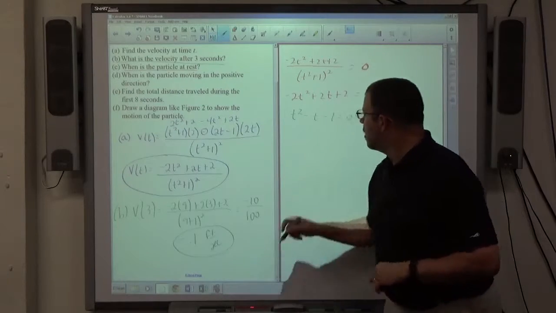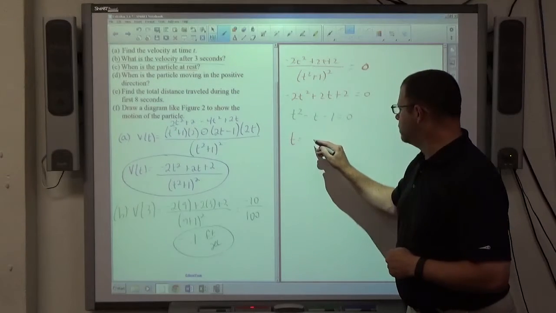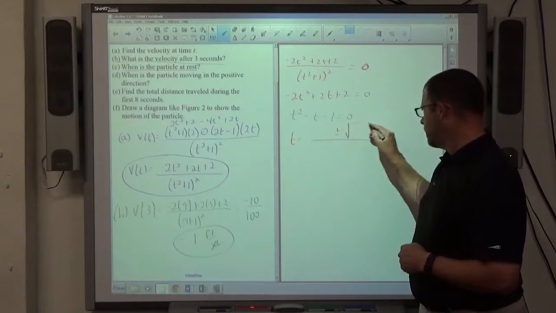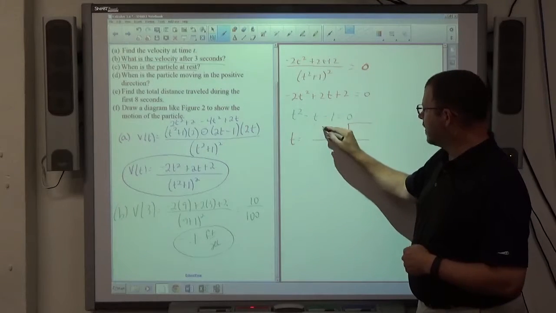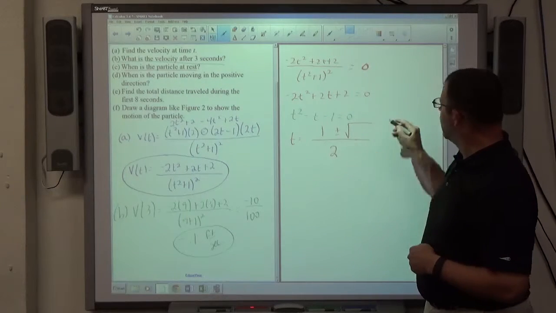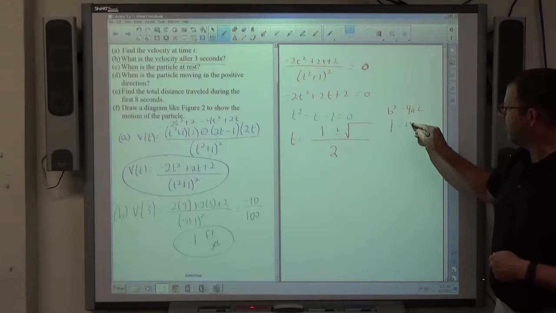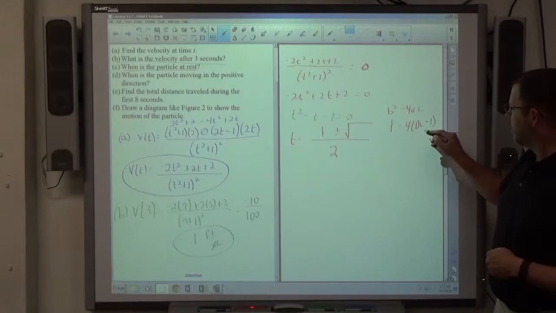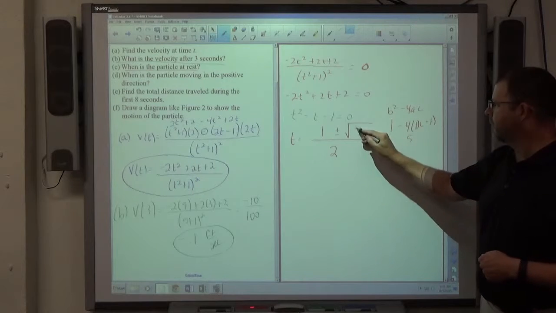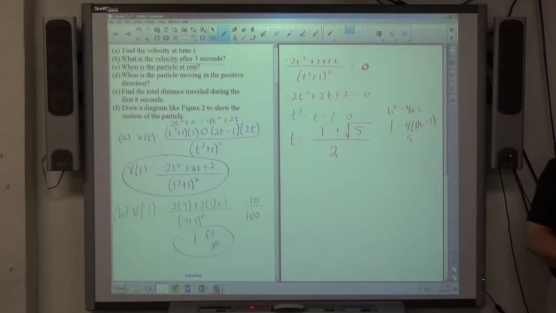Quadratic formula. So t is going to equal minus b, that'll be 1, over 2a, that'll be 2. b squared minus 4ac is going to be 1 minus 4 times 1 times negative 1, which is 5. So 1 plus or minus the square root of 5, over 2.